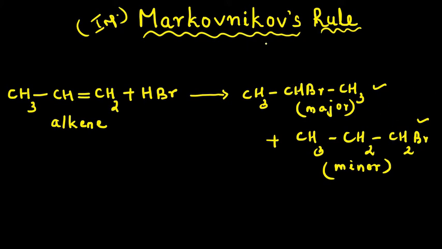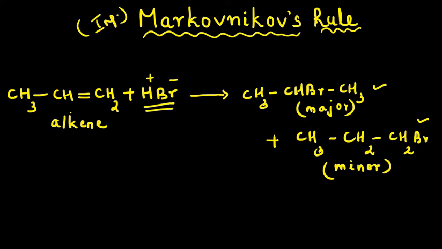So what is actually this Markovnikov rule? When an unsymmetrical reagent like a hydrogen halide, here the example of HBr, adds to an unsymmetrical alkene, it is given as H plus Br minus. This HBr is a polar molecule, H plus Br minus.